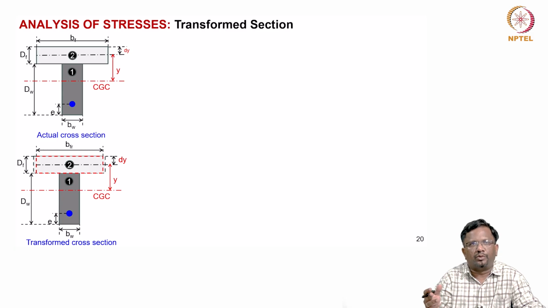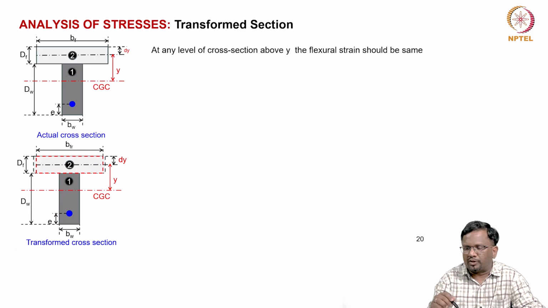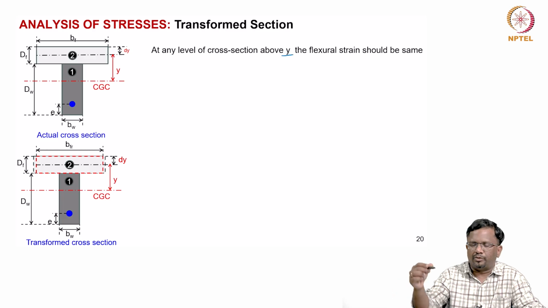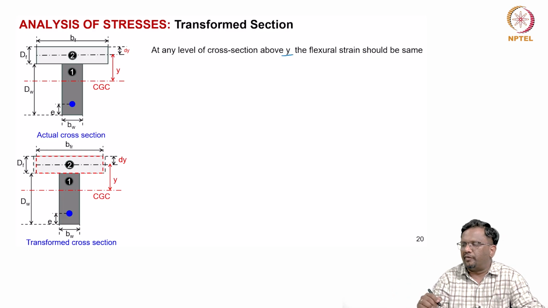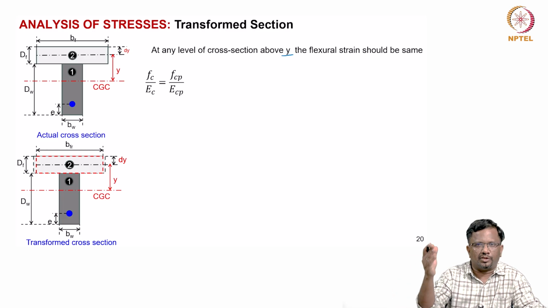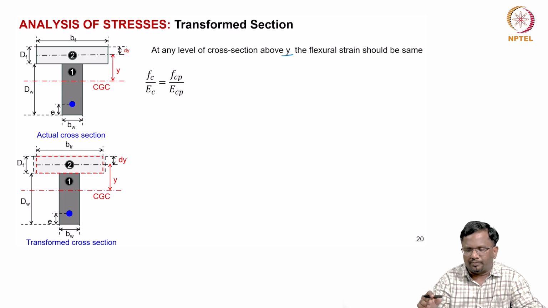So, we can invoke the concept of transformed section to quickly do the analysis for materials with different elastic modulus. Now, at any level of cross section at a distance y from the neutral axis or CGC, the flexural strain should be same because it has to satisfy strain compatibility, right.